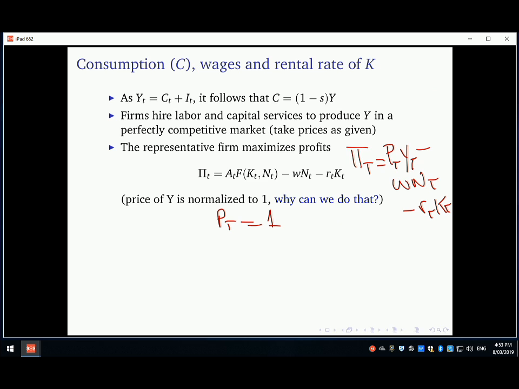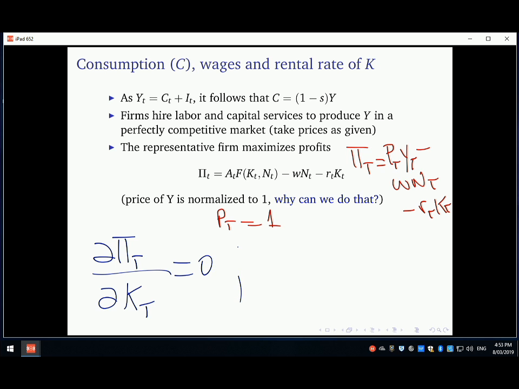And that is mathematically just taking first-order conditions. The first-order conditions are two things in this case. With respect to capital, equal to 0. That's the first-order condition with respect to capital.